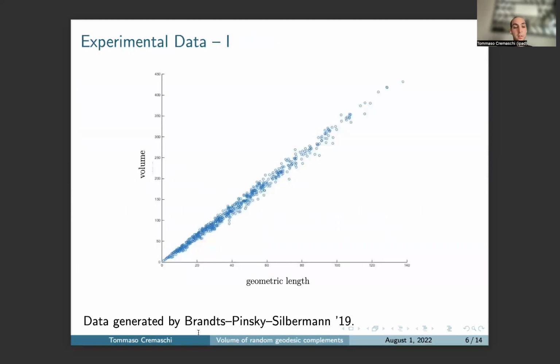As far as data goes, Brandts, Sapir, and Silverman computed the volumes for a very specific family coming from some number-theoretic constructions. And so you can see they get some pretty linear behavior, okay? This is how long the loop is on the modular surface, and this is the corresponding volume.